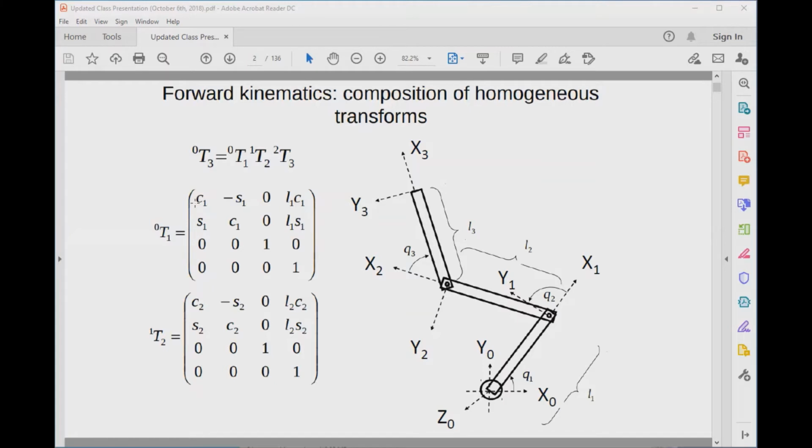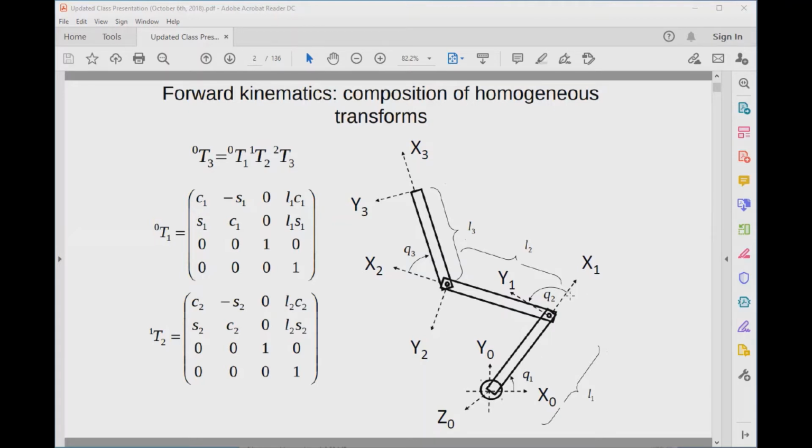And also recall that the first vector of a rotation transformation is, in the case of, for example, this T01, the first column is how you basically express x1 in the previous frame or the preceding frame. So here x1, if you project x1 on x0, you're going to get cosine q1 or cosine theta 1, which we simplify here as c1.